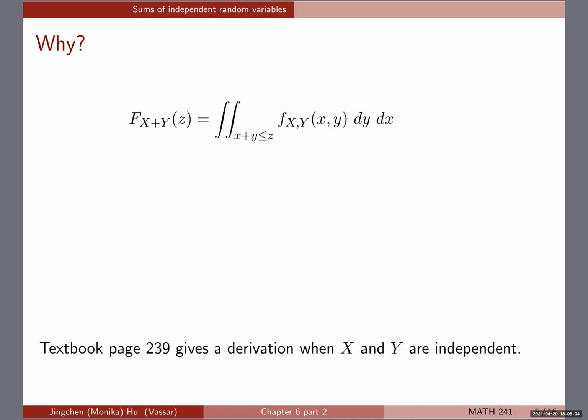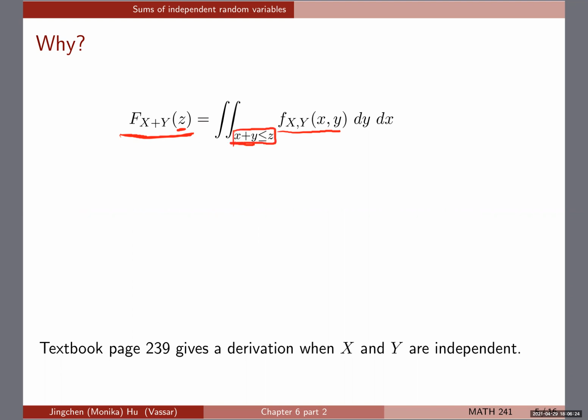If you imagine this particular CDF, the sum of x and y evaluated at z, we know this is equivalent to doing a double integral of the joint of x and y within this particular range.